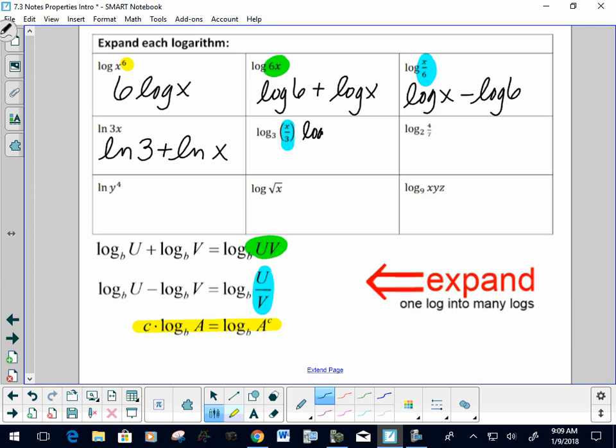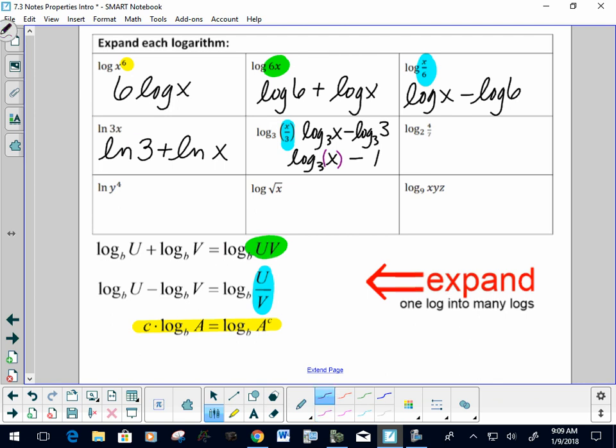It's going to be the log base 3 of x minus the log base 3 of 3. And log base 3 of 3, the power of 3 that's equal to 3 is 1. So this is the log base 3 of x subtract 1. Please note that it's the log base 3 of x, and then subtract 1. The -1 is not in the log.